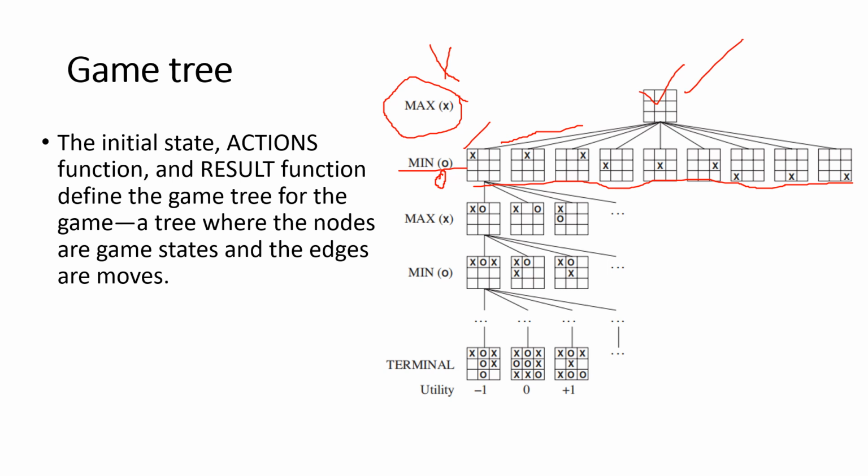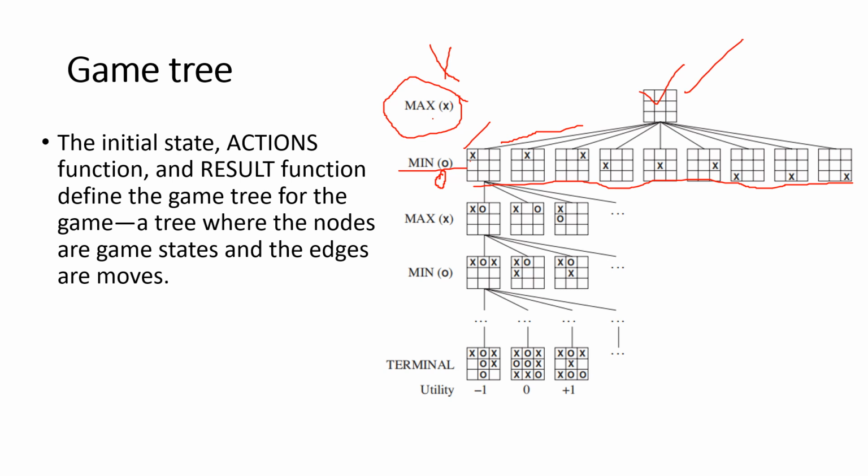After MAX moves, it becomes MIN's turn, and MIN will respond optimally. MAX and MIN play alternately, so the tree alternates between MAX and MIN levels because the players take turns.